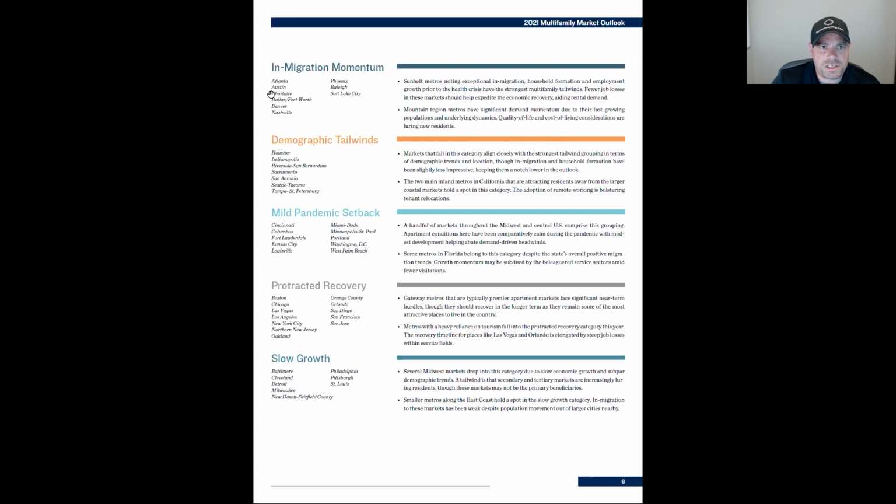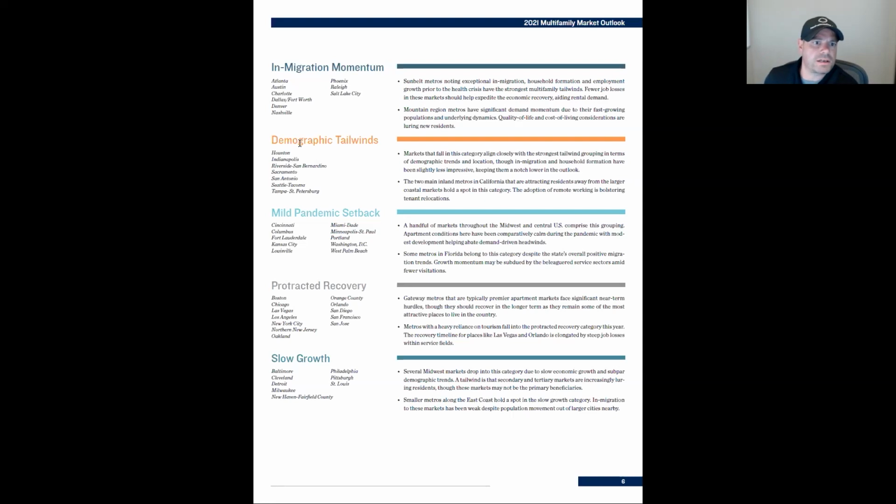So here are your cities in migration momentum: Atlanta, Austin, Charlotte, Dallas, Fort Worth, Denver, Nashville, Phoenix, Raleigh, Salt Lake City. We are in all of those markets, or looking in all those markets except for Salt Lake City and Nashville, but we are looking in Nashville.